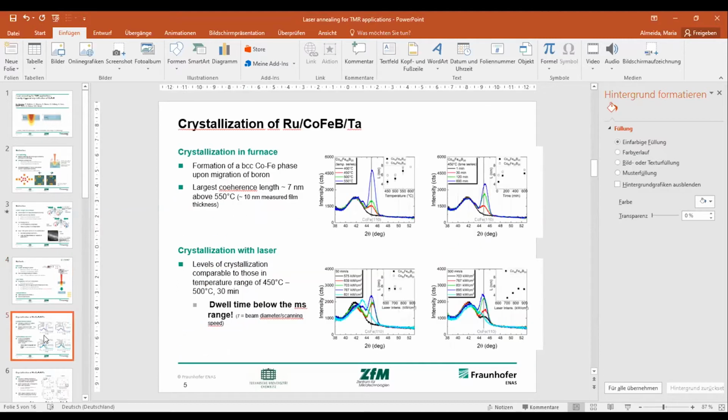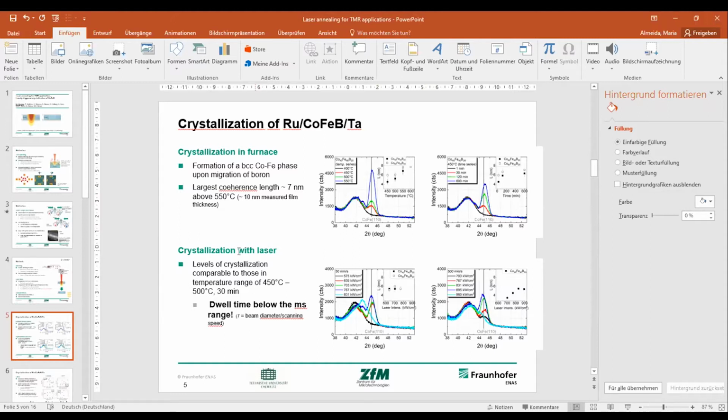And in our XRD measurements, we observed that the typical annealing in furnace led, on the samples kept with tantalum, to the formation of a BCC cobalt iron phase with a good 110 texture, and we achieved vertical coherence lengths of around 7 nanometers above 550 degrees.